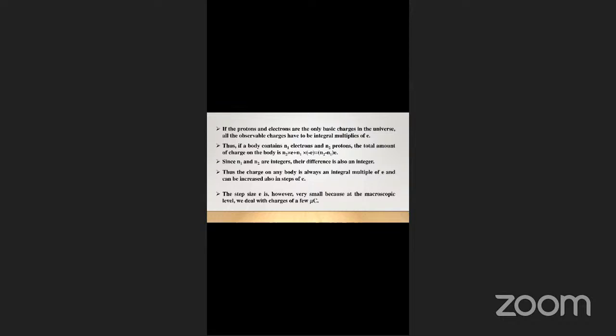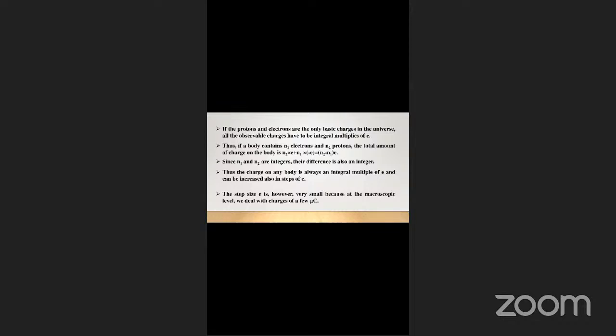So finally, next point, the step size e is however very small, because at the microscopic level we deal with charges of a few microcoulombs. So this is observed for very small bodies also.